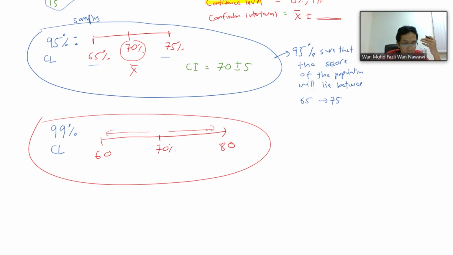If you take this range from 60 to 80, you are much more confident to say that the value you will get from the population, the other person, will fall between 60 and 80, because you have a bigger interval. So the more confidence you have, the bigger the interval. Okay, so that's what it means by confidence intervals.